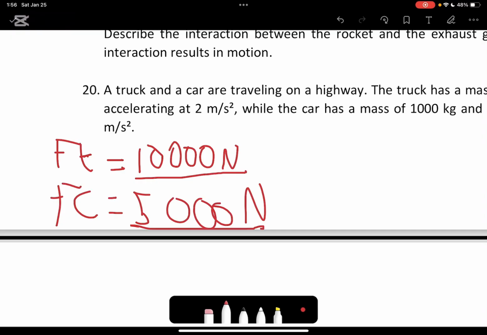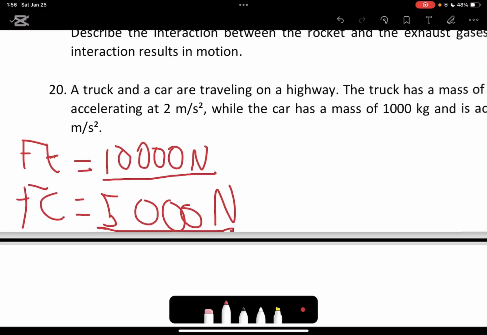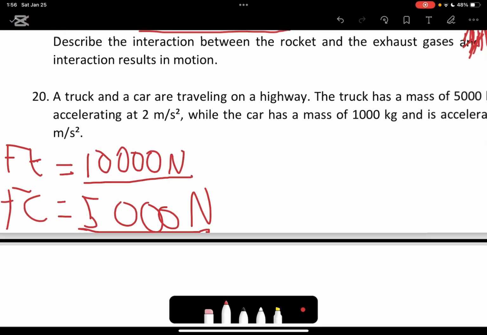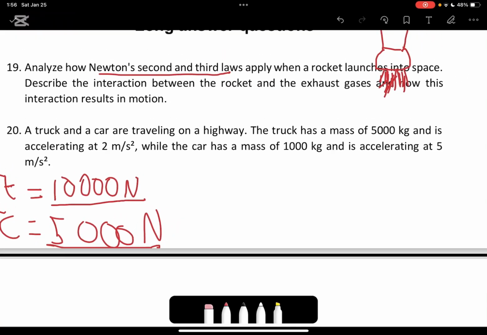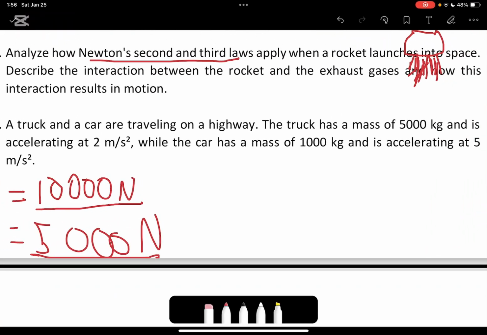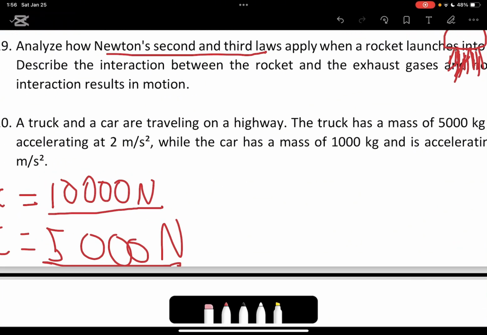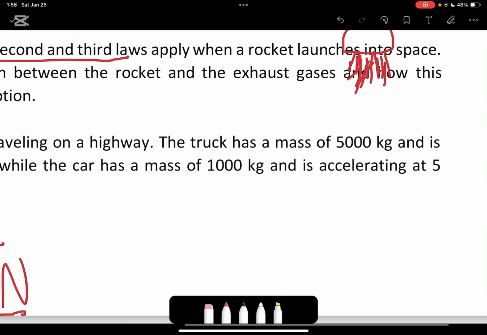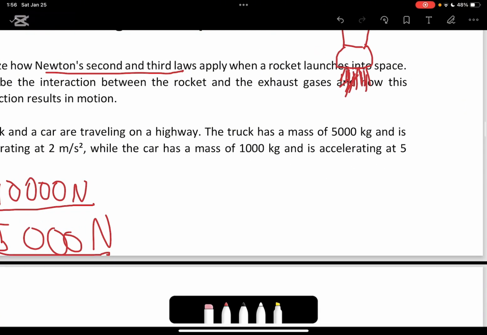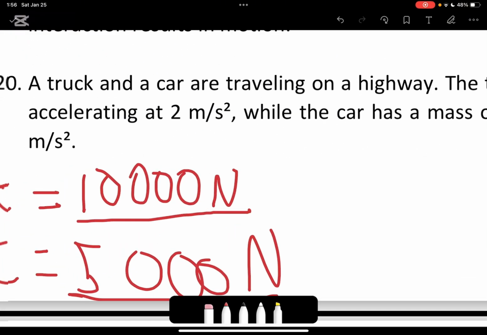The reason for the difference is Newton's second law. If you want to find force, it equals mass times acceleration. So the acceleration for the truck is 2 meters per second squared, and the mass is 5,000. So 2 times 5,000 is 10,000 newtons. That's the force of the truck.